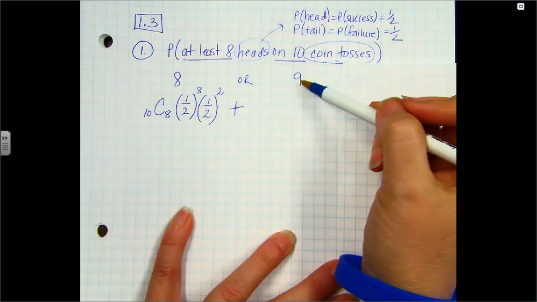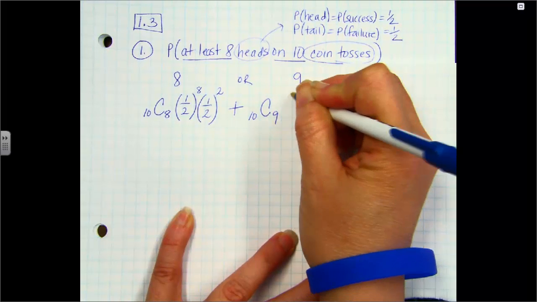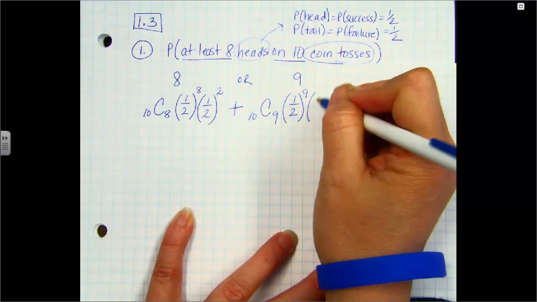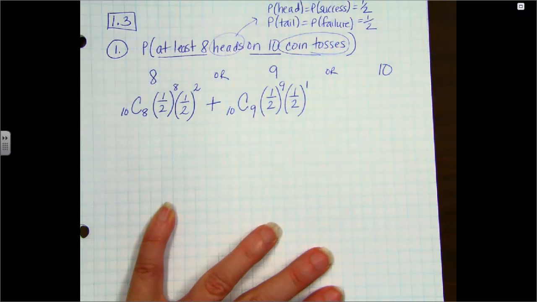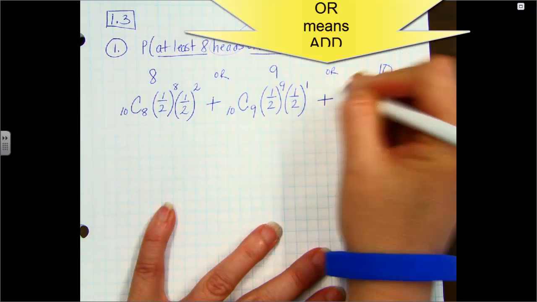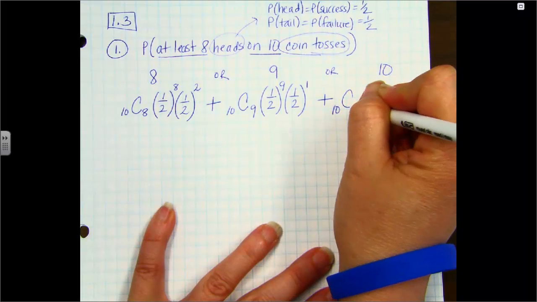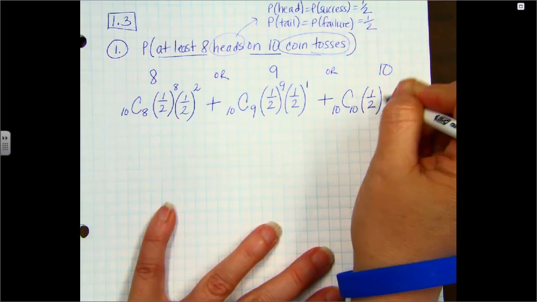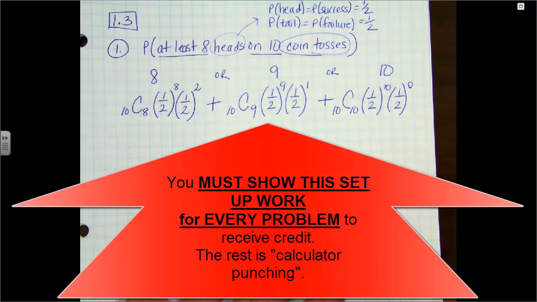So I add to that the probability of exactly 9 out of 10: 10C9 times probability of success to the 9th times probability of failure to the 1st, because if I'm successful 9 out of 10 times, I fail 1 out of 10. Or means add. And I add to that exactly 10 successes out of 10: 10C10 times 1/2 to the 10th, probability of success to the 10th, times probability of failure, 1/2 to the 0. I succeed all 10 times, I don't fail.